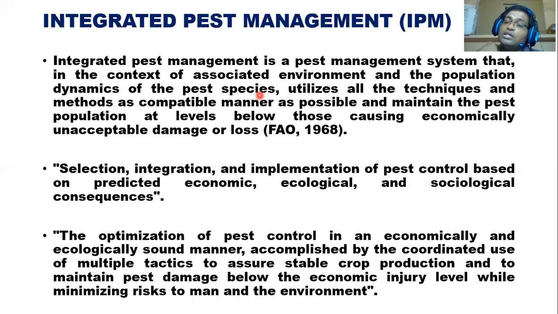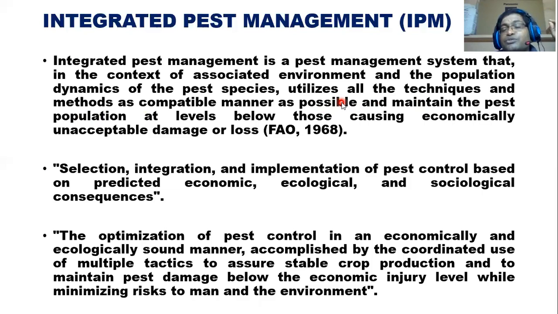Integrated pest management is mainly considering the environment, but with chemical use alone, you are not considering the environment and other factors; you just apply whenever you need to. But integration means you have to integrate all the possible techniques and suitable, compatible methods, in a compatible manner as far as possible, to maintain the population below that causing economically unacceptable damage.